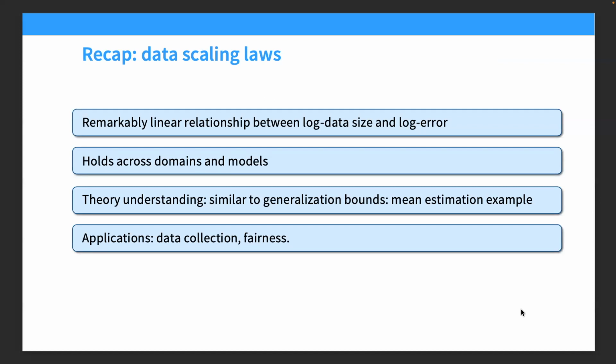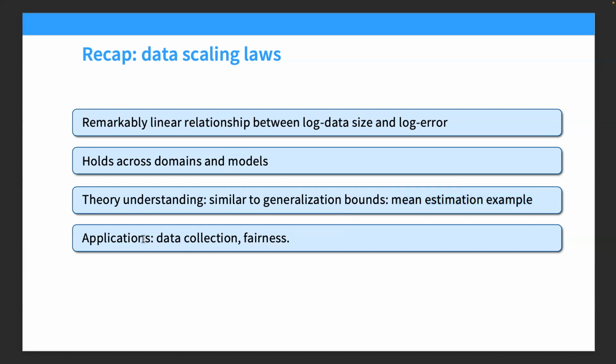And it depends on the data sets and the problem. You may observe a different ratio or a different intercept for the linear model. And also, the theoretical understanding is similar to the generalization bound. For example, in the mean estimation example, we can see how it converts the error to a linear relationship.